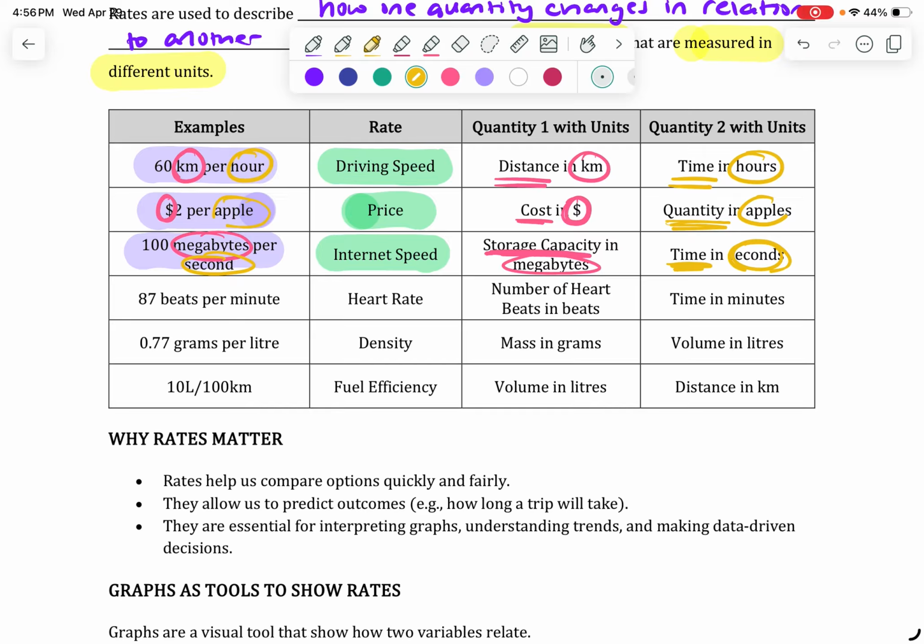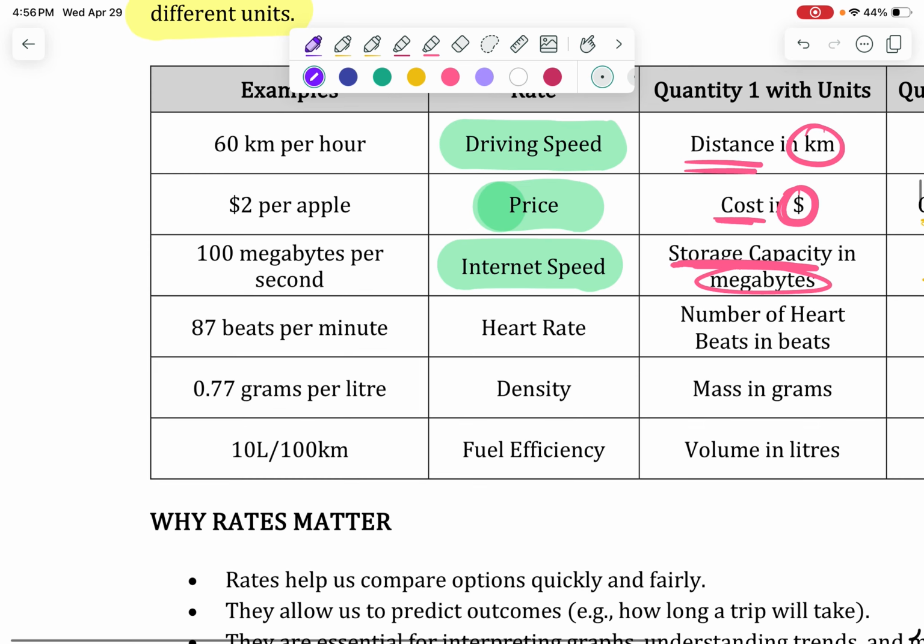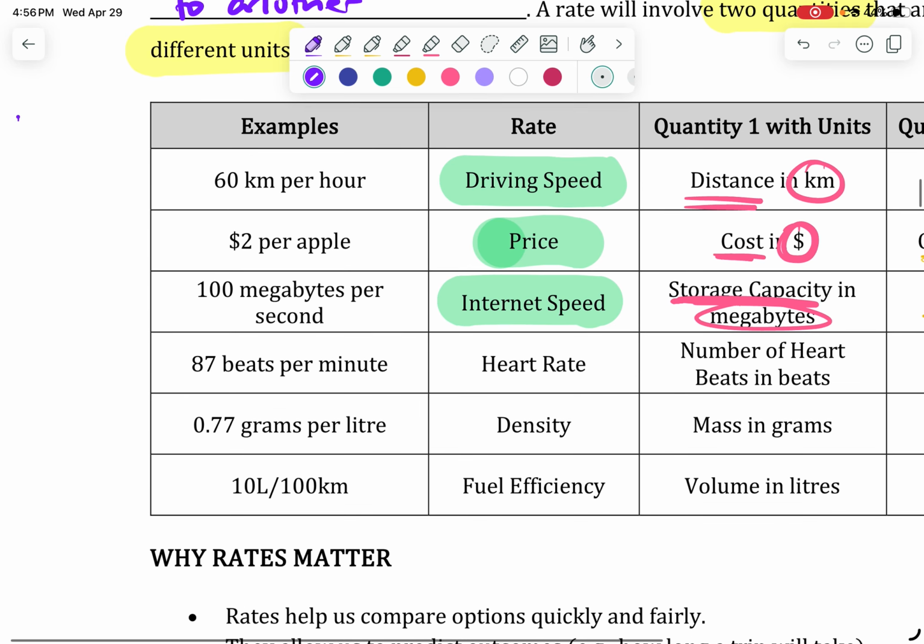Now, these are all great. We can see that every single rate has two units. Common things to point out here are rates are really just examples of slopes. I don't know if you remember much about grade 9, but we talked about rate of change. And then suddenly in grade 10, we talked about slope.